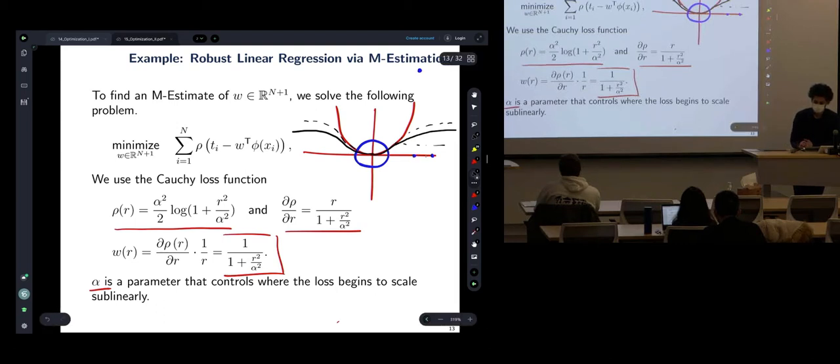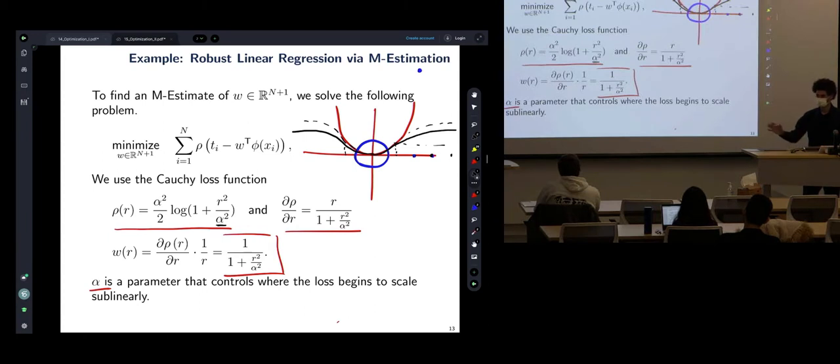Possibly this is the region you consider to be the inlier, and it's controlled by this hyperparameter alpha. Then after that, anything will be the same to you. I do not care if the residual has this value or this value. They're all equally bad. I want to ignore them. So in simple words, that's the idea behind M estimation. Does that make sense to everybody?